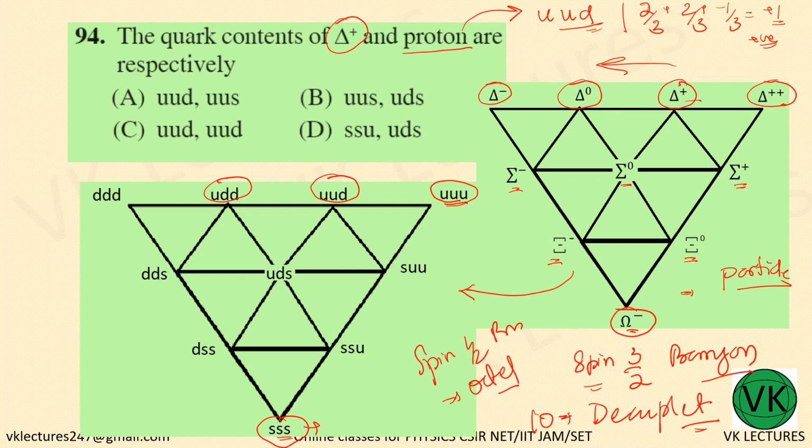Delta plus has U U and D. So both proton and delta plus have the same quark structure. So your option C is the answer. S indicates strange particle, D is down, and U is up quark. So this is up quark, this is down quark, and this is strange quark.